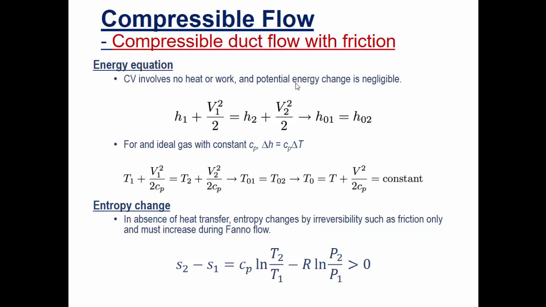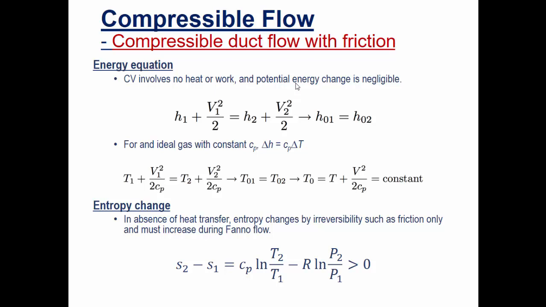And since we are considering an ideal gas with constant specific heat, we can say that the change of enthalpy is equal to specific heat times the change of temperature. Hence for this case, the stagnation temperature is also constant, or remains unchanged, before and after the control volume.